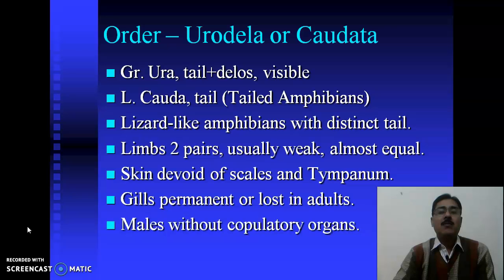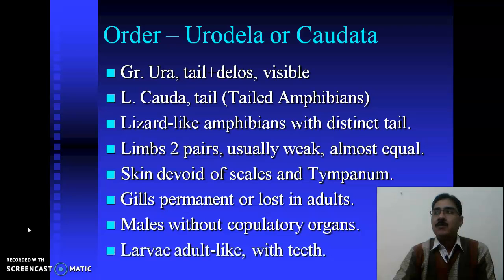The males are without copulatory organ. The larvae are adult-like and with teeth, and neoteny has been observed in certain species of salamander. The metamorphosis is controlled by presence of iodine in the surrounding water, and this iodine is required for the formation of thyroxine, the hormone secreted by thyroid gland, which actually controls the metamorphosis.